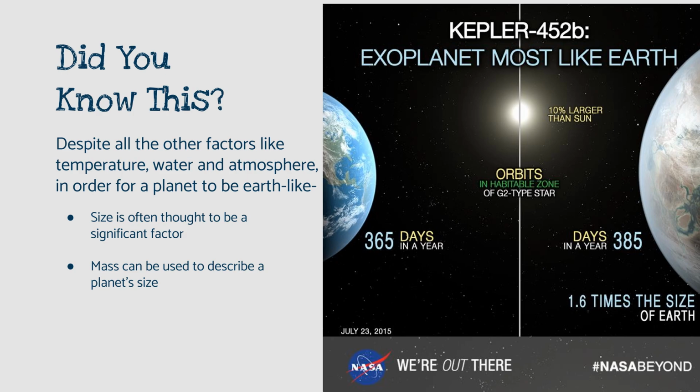And mass can be used to describe a planet's size more accurately and physically. And radius is also a factor to cover the mass. Last but not least, the center of orbiting should be a sun-like star.